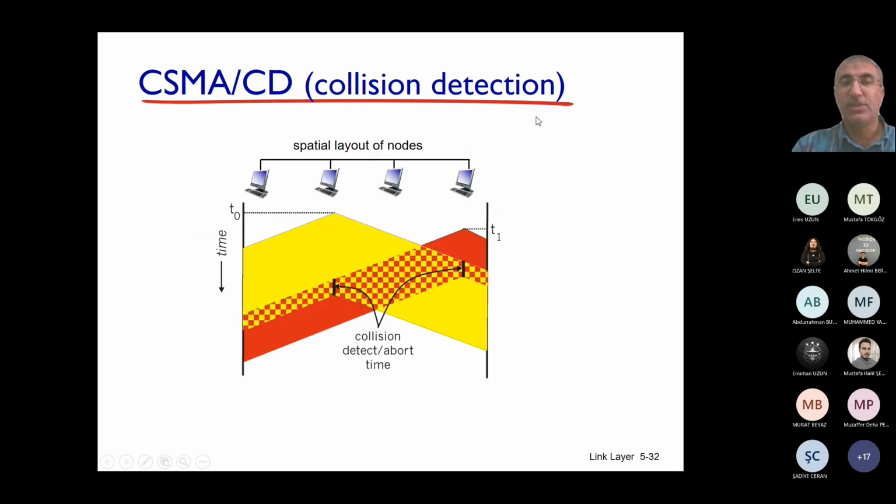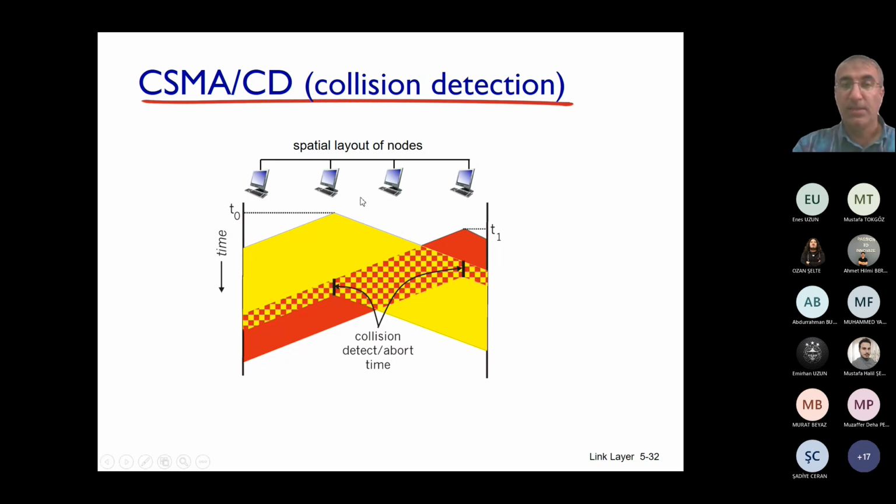So how does this collision detection happen in the previous example? The second node transmits a signal packet, and then it reaches the fourth node. This node can detect the collision and starts to abort its transmission because it heard that there's a collision.